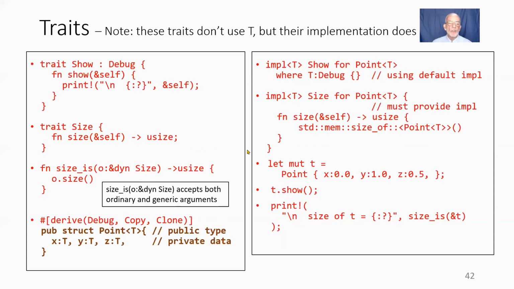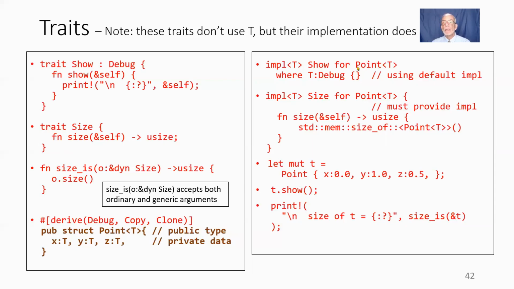But when we go to implement the traits, now things are different. Implement T, show for point T. Now I have to say impl of T, and I have to say point T because this is the type.